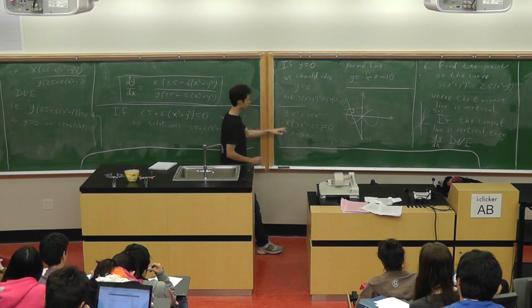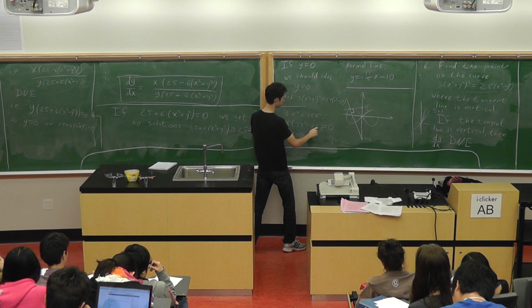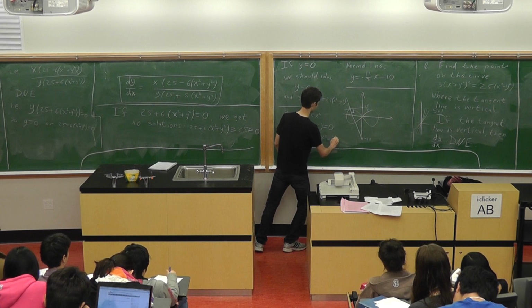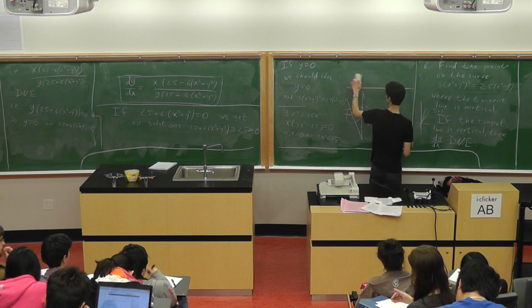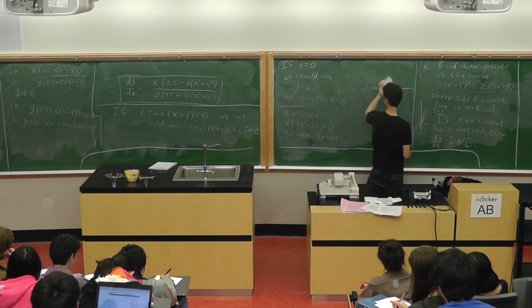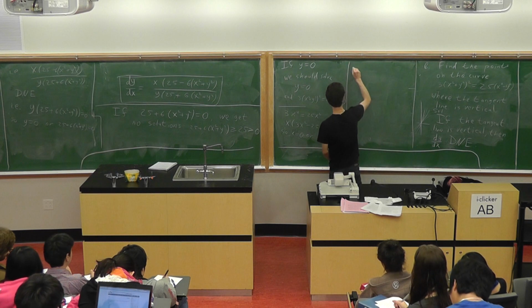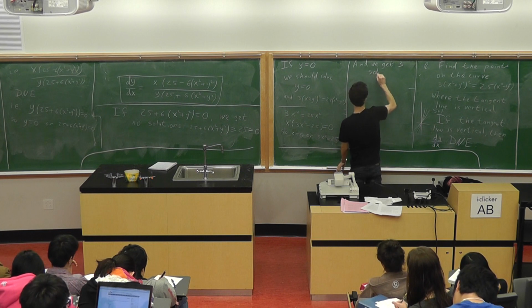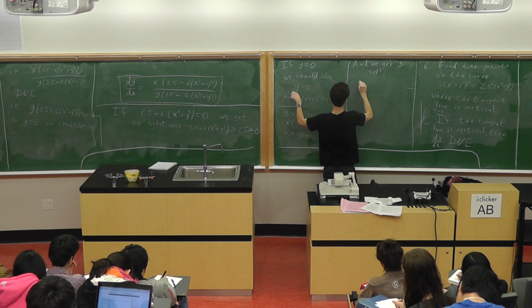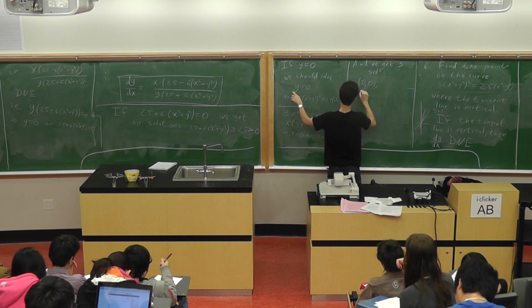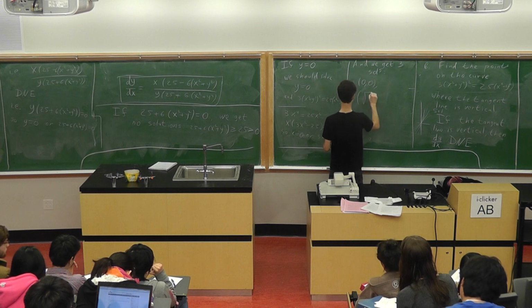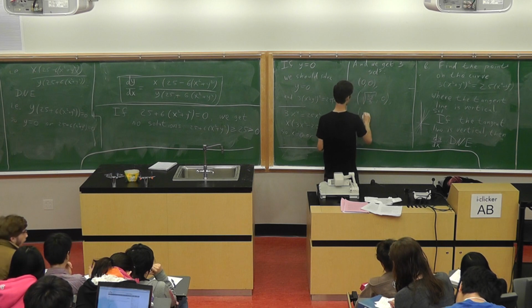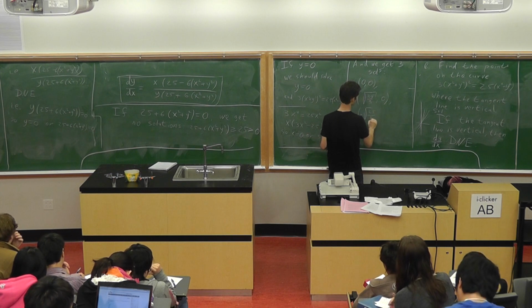Or the other option is 3x squared is 25. So we get three solutions. In one of them, x is equal to 0 and y is equal to 0. And the other two: x is the square root of 25 over 3, y is 0. And the third one is the same thing but with a minus sign.